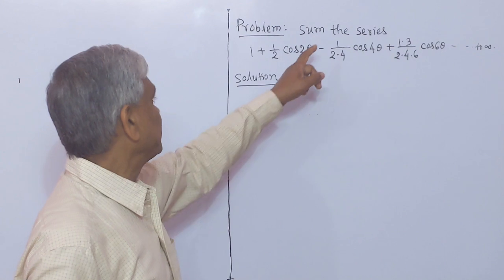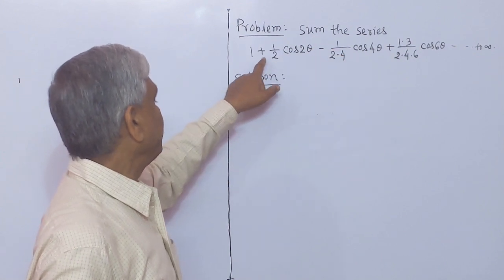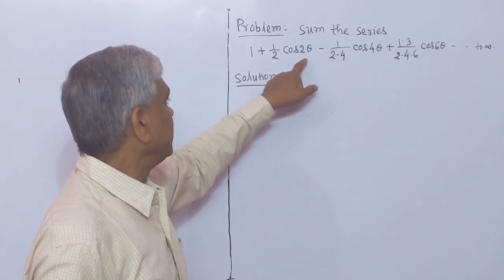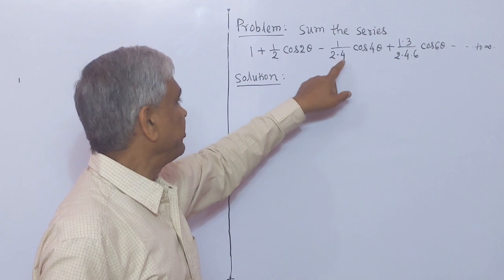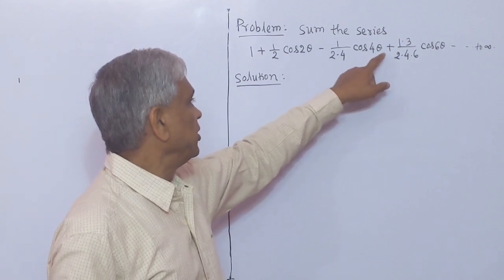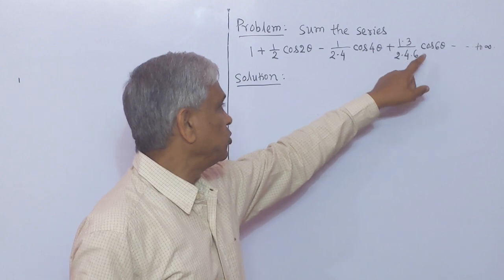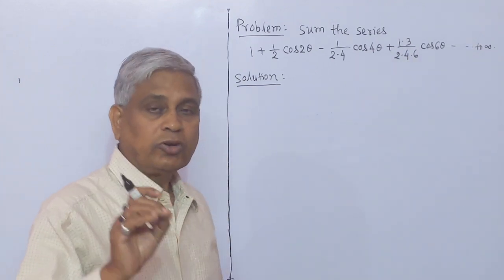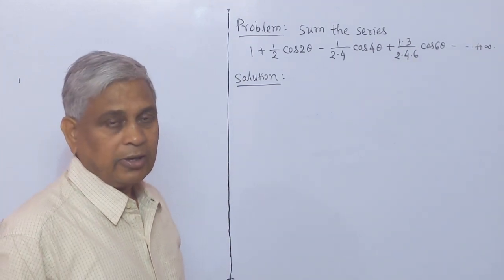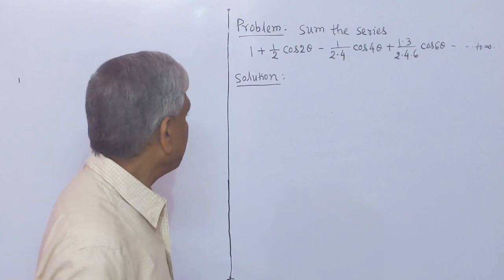Next problem is sum the series 1 plus half cos 2 theta minus 1 by 2 multiply 4 cos 4 theta plus 1 multiply 3 by 2 multiply 4 multiply 6 cos 6 theta minus dot dot dot. Now we solve this.